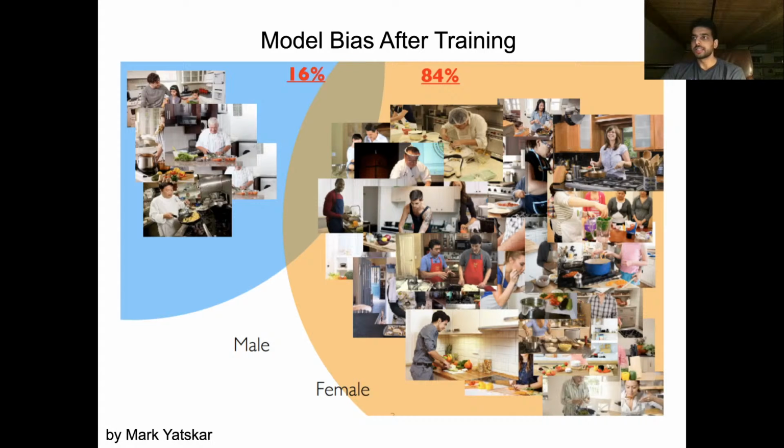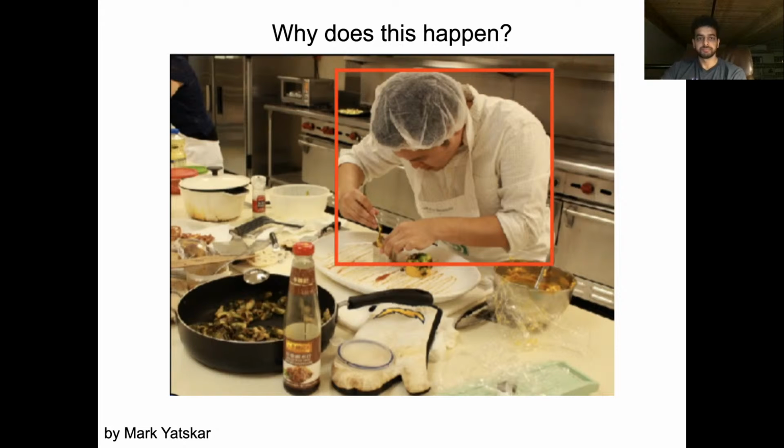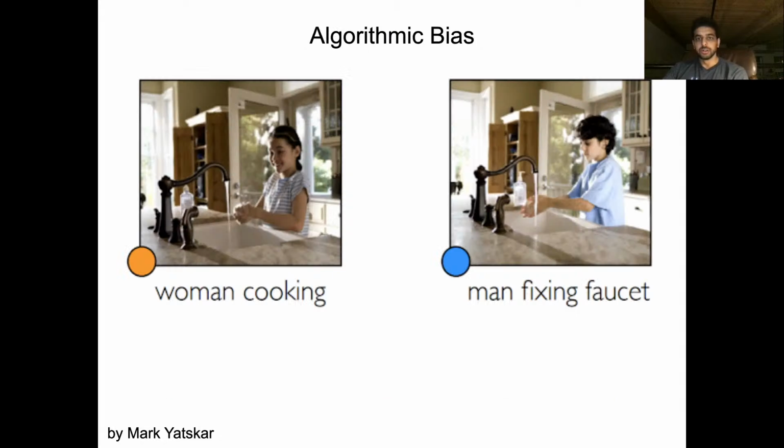So this is a case of the data was biased and the model is even more biased now. And so when we look at why this happens, I mean, there's another example here where these two pictures are almost identical.